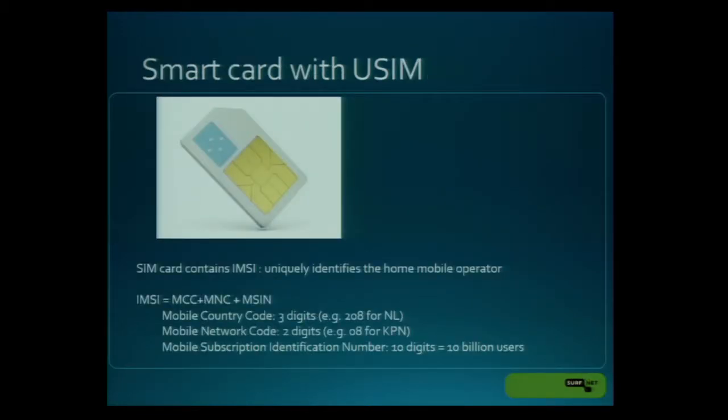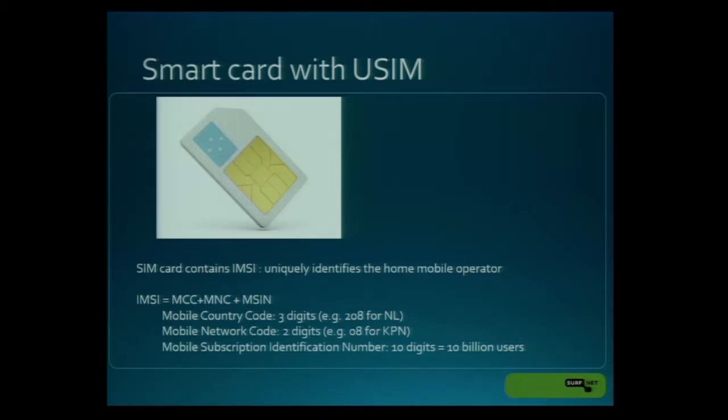A little bit about a SIM card, because this is important. I think this is the most important piece of the puzzle. And before I explain this piece, I would like to explain very basically what is on the SIM card. The SIM card contains an IMSI, a complex name for something very simple. It consists of a mobile country code, a mobile network code, and an identifier that identifies the subscriber. So for instance, 204 is the mobile country code for the Netherlands.